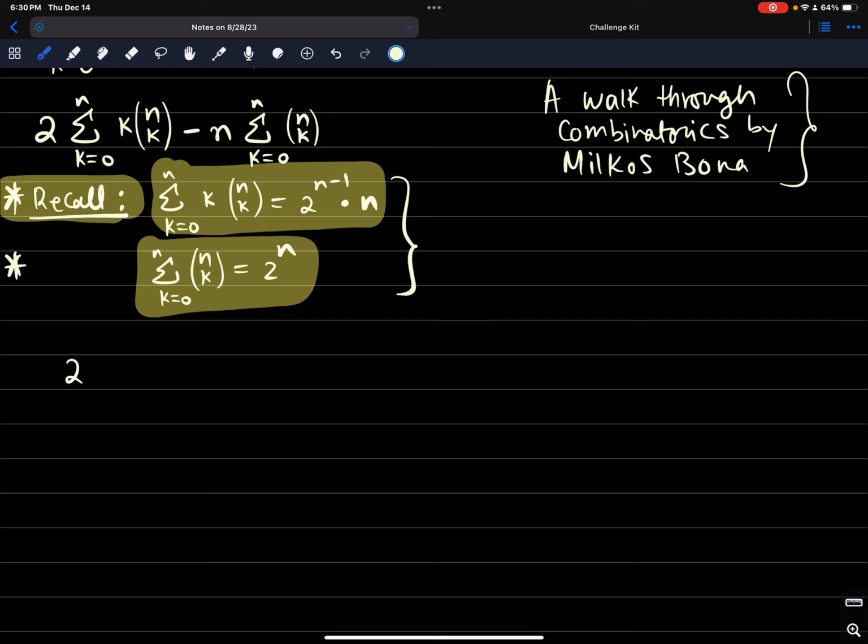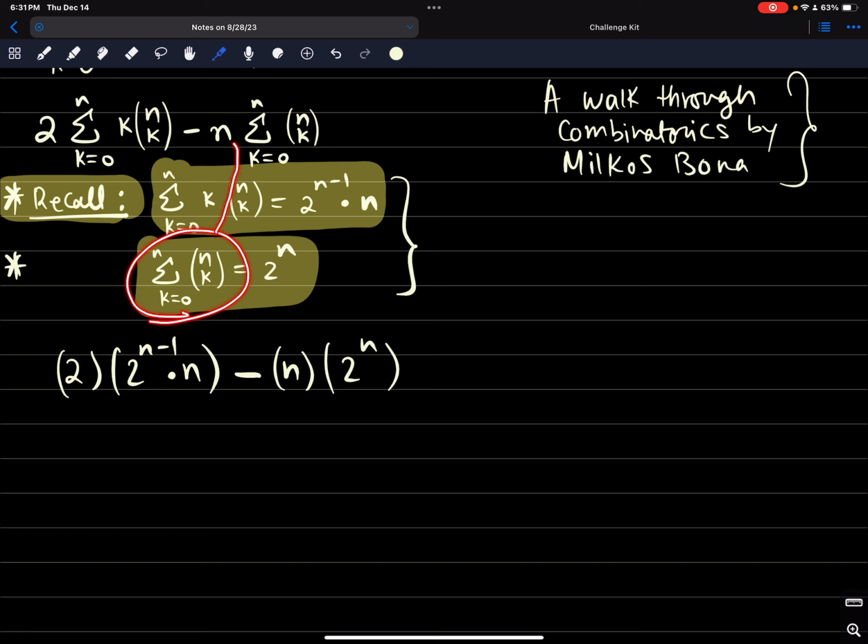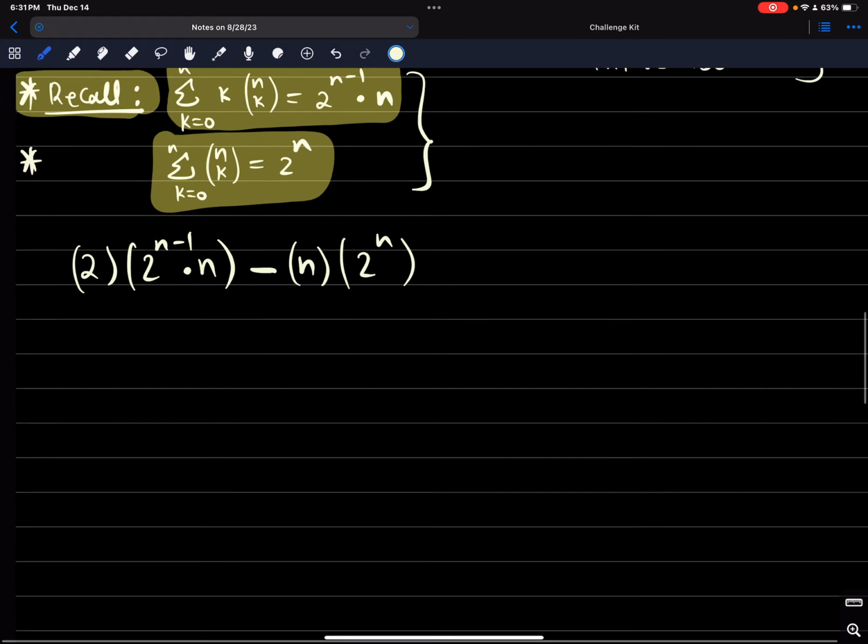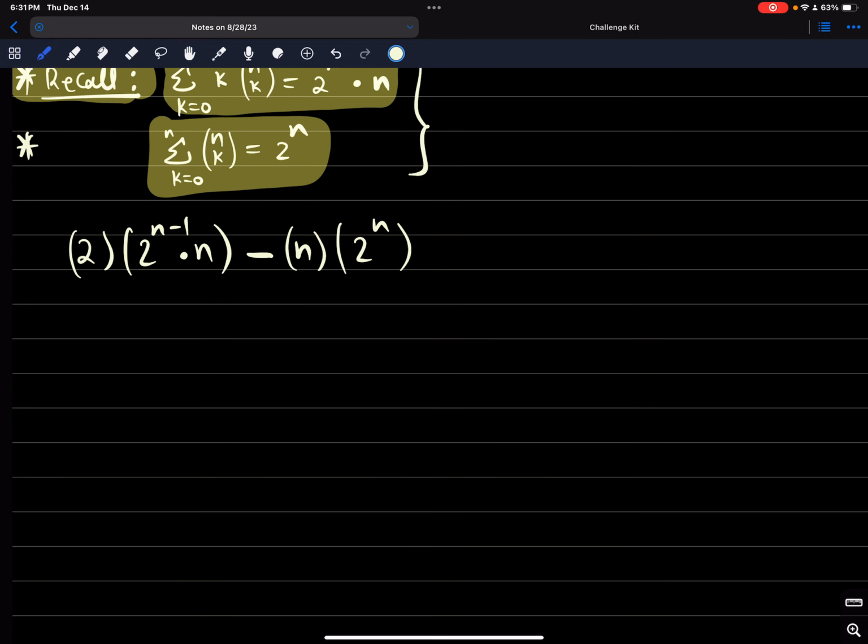So we're going to write 2 times 2 to the power of n minus 1 times n for the left-hand side, minus n times 2 to the power of n, because this part is equal to this part, right? Except the n, okay?